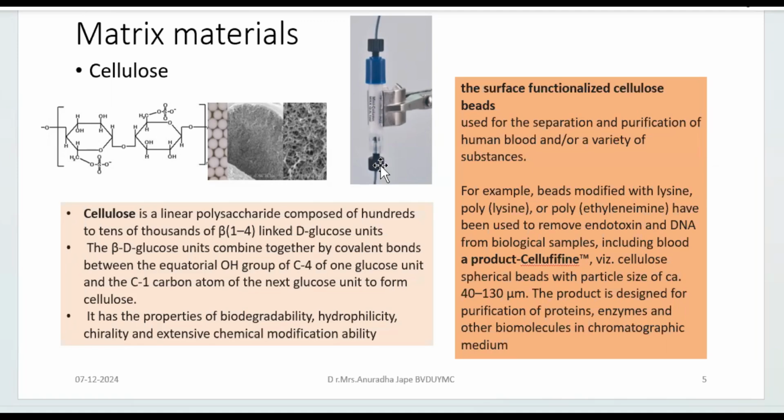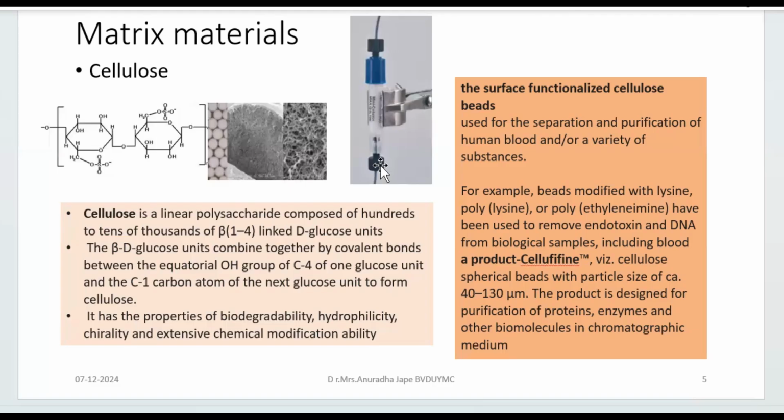Of course, as I said earlier, the cellulose bead can be modified, or the cellulose matrix can be modified. So here is an example: the bead can be modified with lysine or polylysine or maybe with polyethylene imine so that it can remove endotoxins and DNA from biological samples.